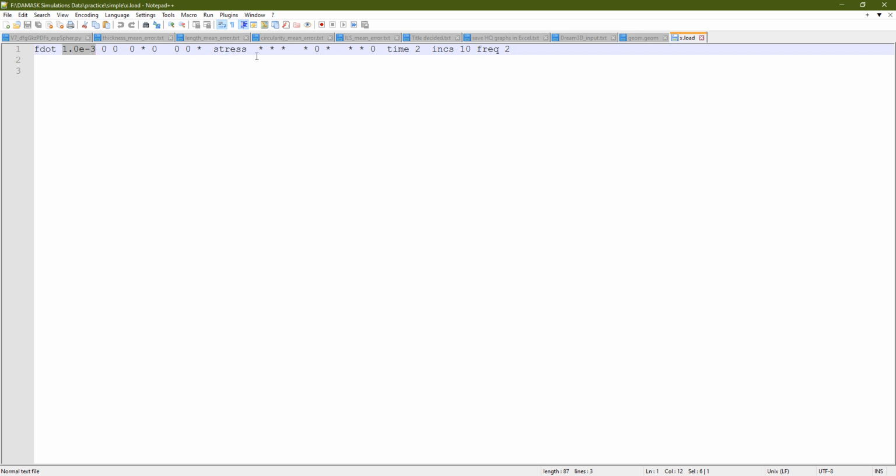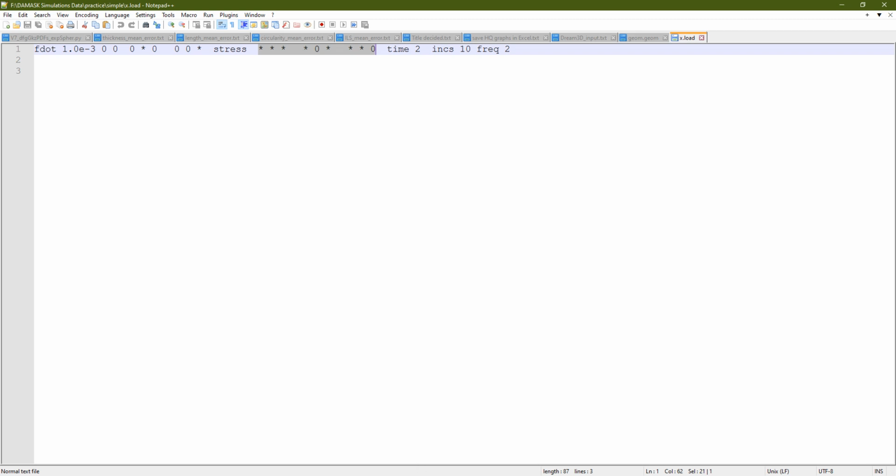And in the stress matrix, it is written something like this, and then you will see time 2, increments 10, frequency 2. Passing of increments to means. We've not reached there, but you understand this is how it is written.